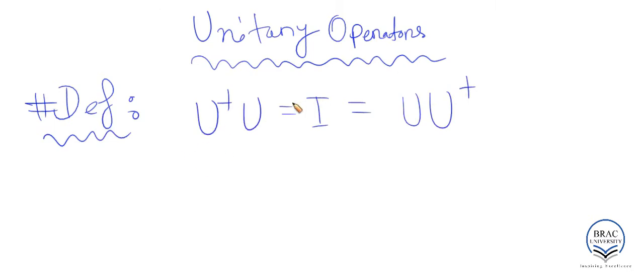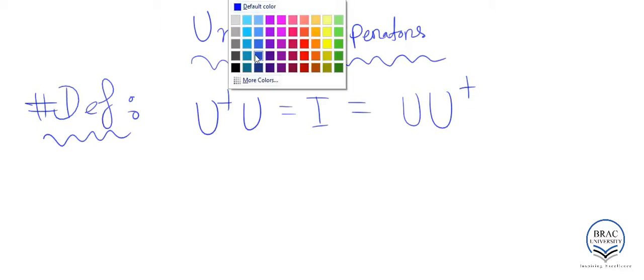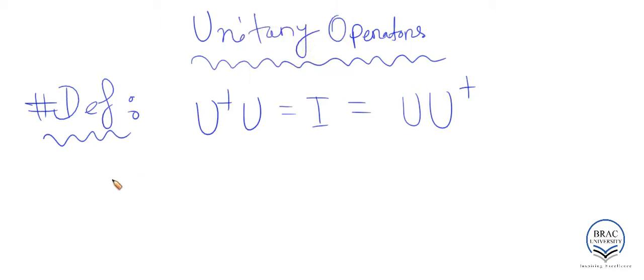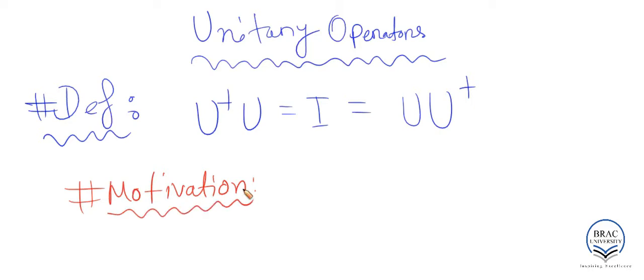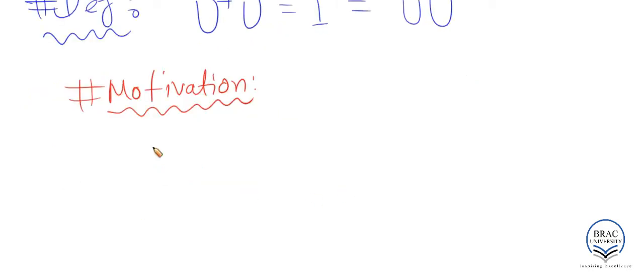Now this might seem a bit weird, because what is so special about this thing, right? So to motivate you, I want to show you the Schrodinger equation. The Schrodinger equation can be written as follows.